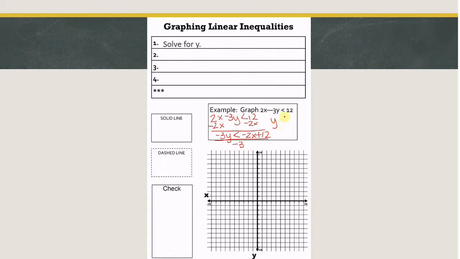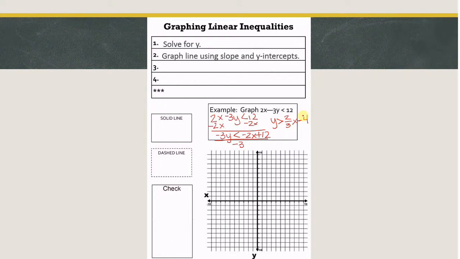We had to flip the sign, right? So we had to flip the inequality symbol. See how it was less than? Now it's going to become a greater than. So now I have y is greater than 2/3 x minus 4 for my equation. So I solved for my y.